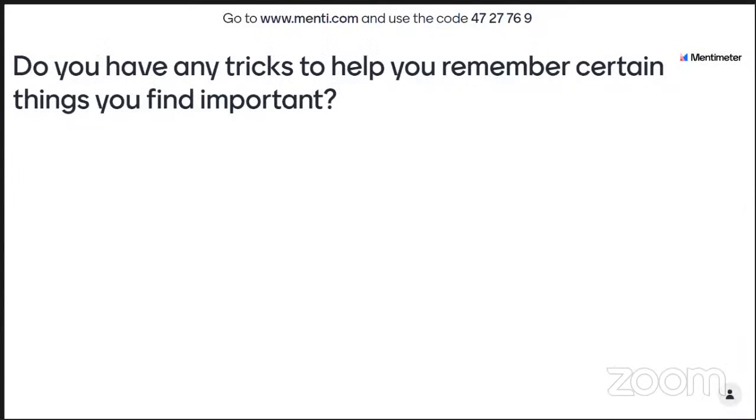I'm going to open the Menti now and share my screen. Yes, we can see now. So I'm going to give you a couple of minutes to think about that and type your answers. You need to go to menti.com.